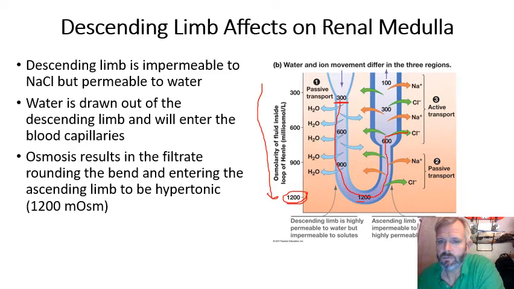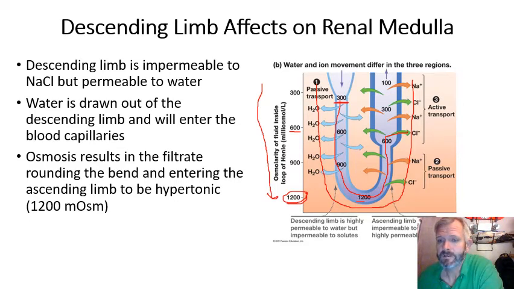Okay, but we'll see water's leaving here. So water would dilute this gradient if we don't get rid of it. So that is going to be the function of the vasa recta. The vasa recta are going to come in this direction and pick up water and therefore help maintain this osmolarity gradient.